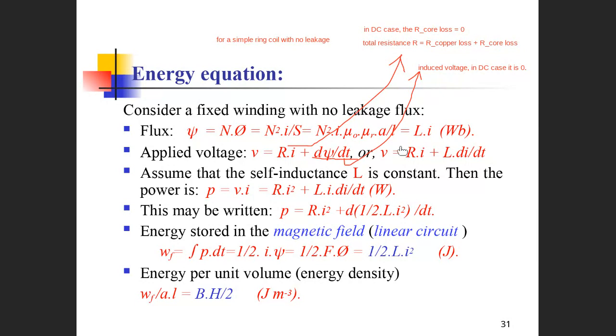Now, based on these equations, we find out the energy and power. You know that in the DC circuit, the power is the voltage times the current. So voltage times current, you can find that it is R i squared for this term, and for this term it is L i di/dt.